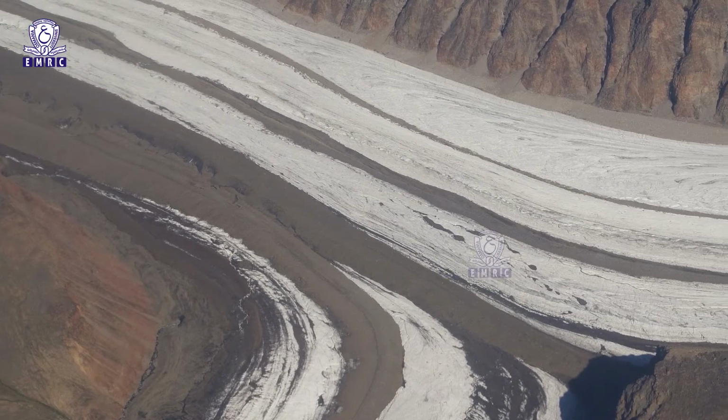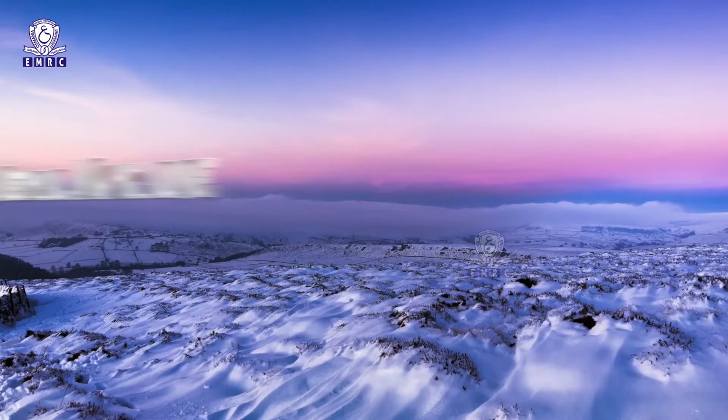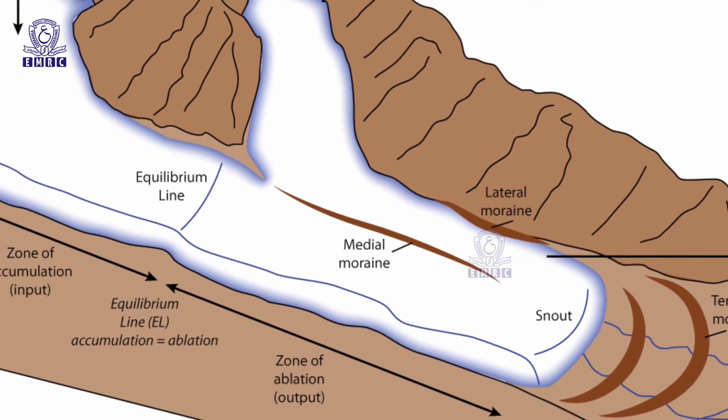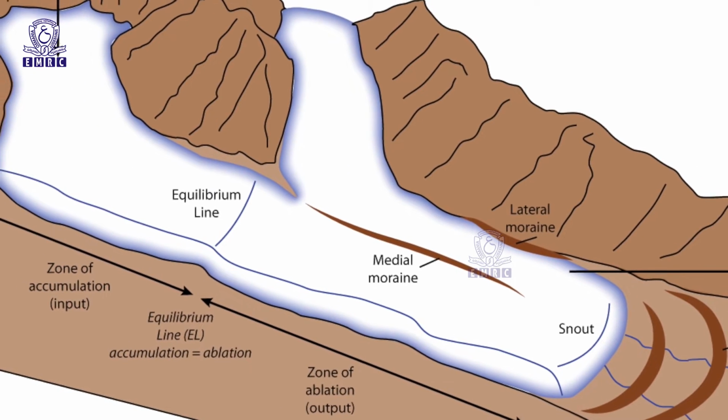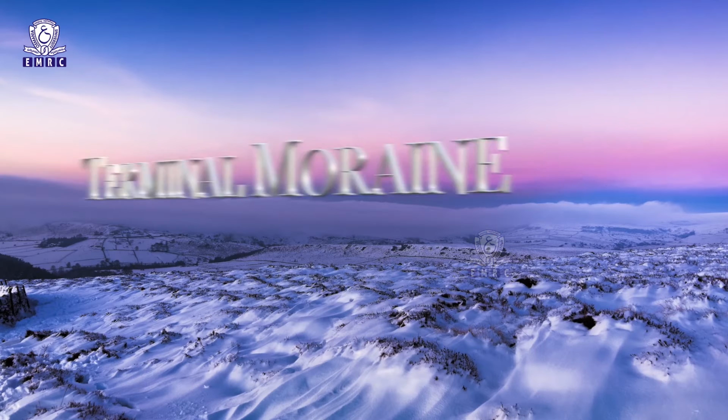Lateral moraines are generally long, narrow and steep-sided ridges parallel to the glacial valleys. Medial moraines. Medial moraines are formed due to the deposition of glacial sediments along the internal margins of two glaciers.